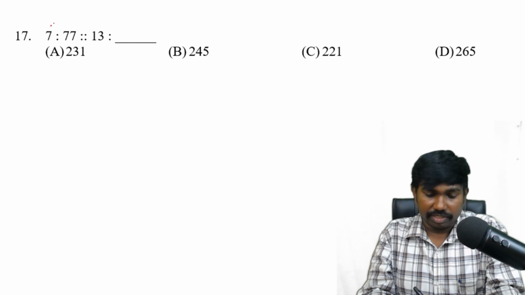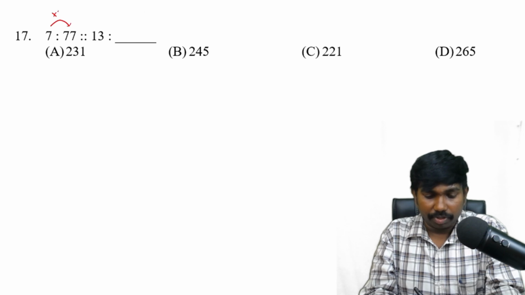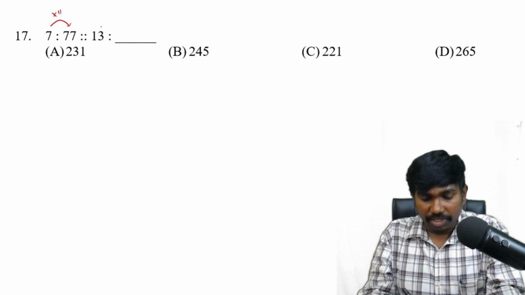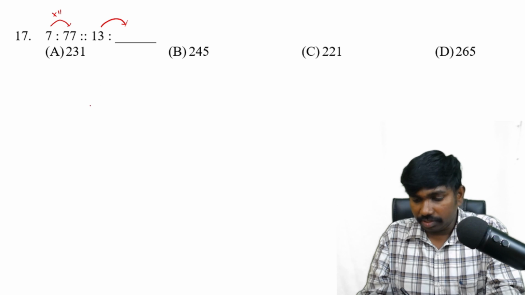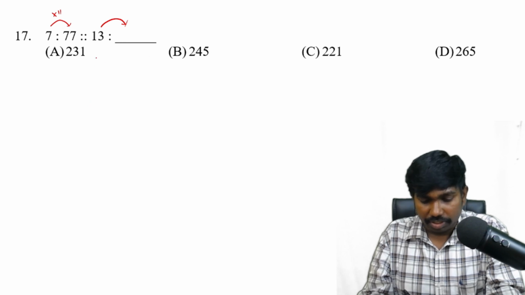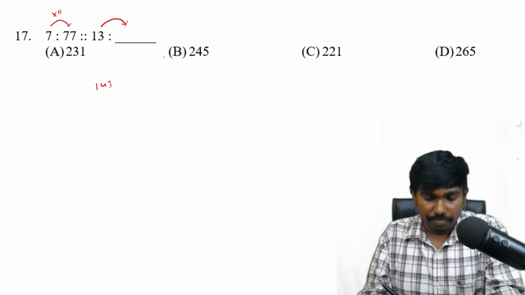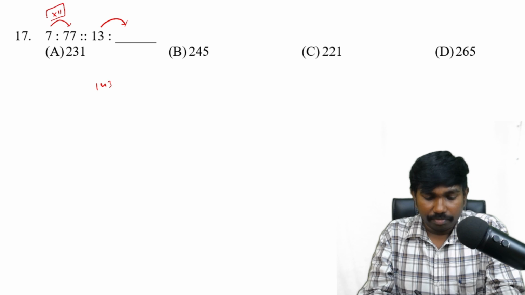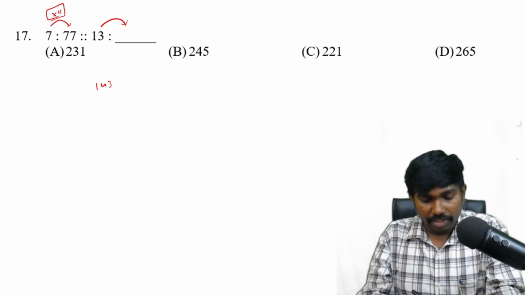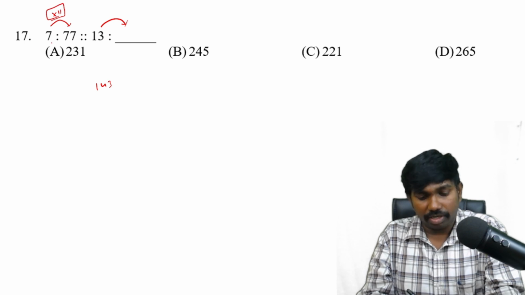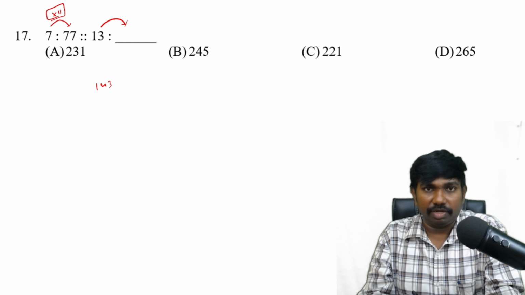77. Yes, 7 is multiplied by 11. But if you multiply 13 also by 11, but there is no option, right? So 13, if you multiply by 11, we should get 143, but option is not there. So 7 is multiplied by 11. Why only 11? Means it can be either 7 plus 4, 11, or the next prime number is 11.